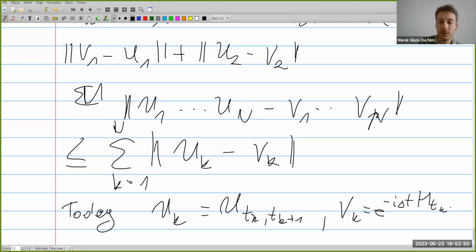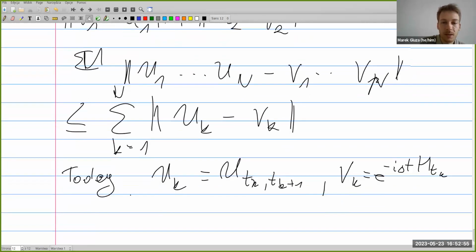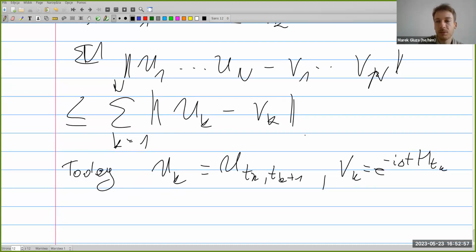And because TK and TK plus 1 and so on is small, we were using this perturbative bound here, just expanding it out and making sure that the Hamiltonian doesn't differ too much, okay? So this step is very safe. That's why I was saying it matters what happens on the small interval.